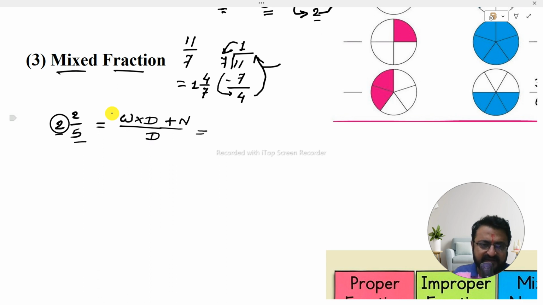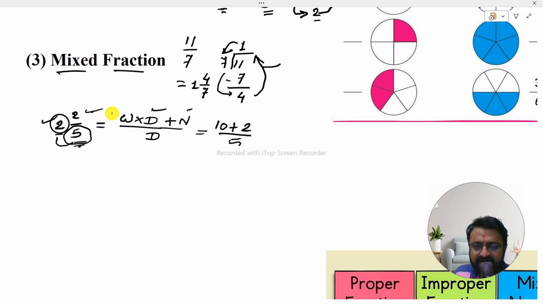I am repeating again. What is your whole part? 2, correct. What is your denominator? That is 5. And what is your numerator? That is 2. Now multiply 2 and 5. 5 2s are 10. So you write 10 plus the numerator, which is 2, and then write the denominator 5 as it is.